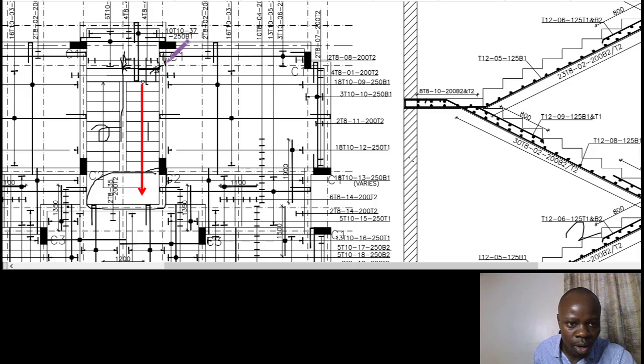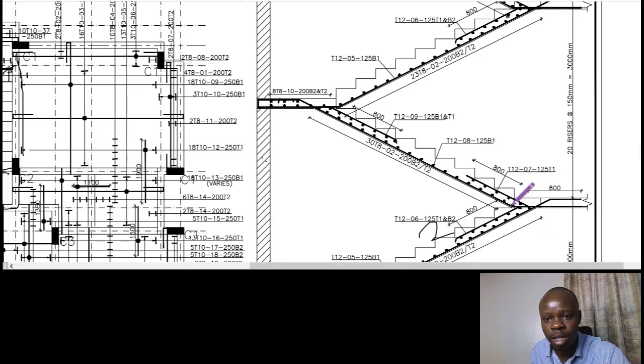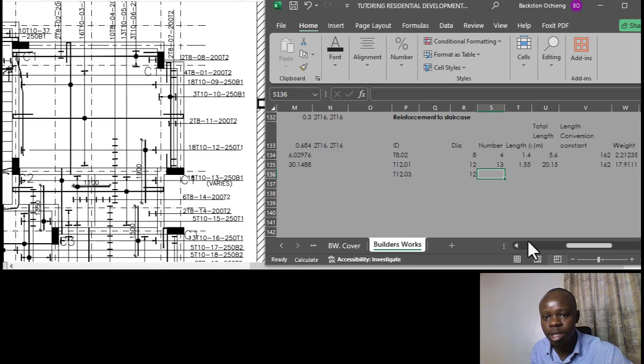The span where it's going to be laid is the same, and you can see the interval is 125, so the number of bars is going to be the same, 13.